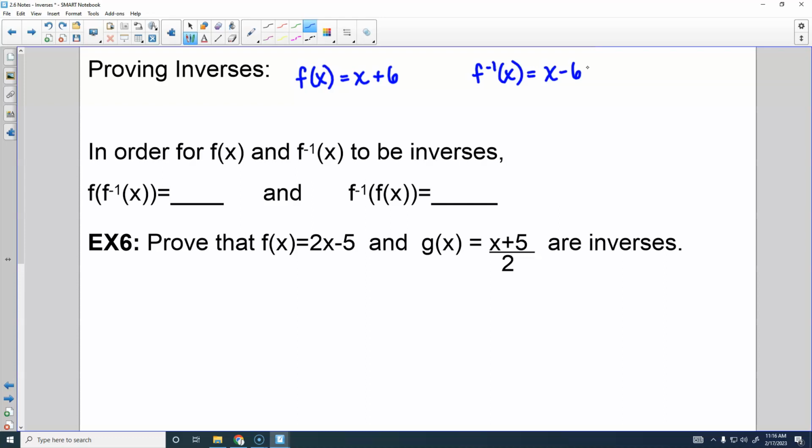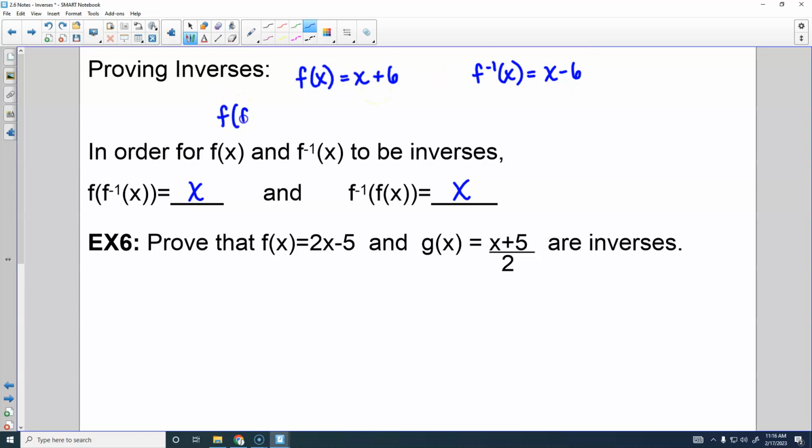All right. So if a function is the function that undoes another function, when we compose those functions, we should get x every time. So in those two blanks, you should get an x there. These two I've put up here are a really simple one to help you understand.